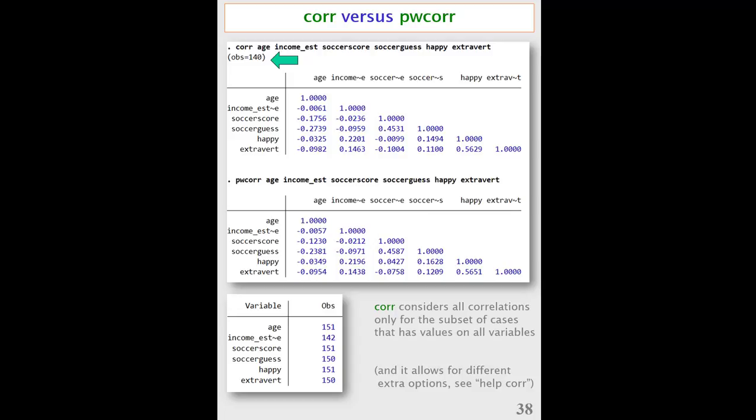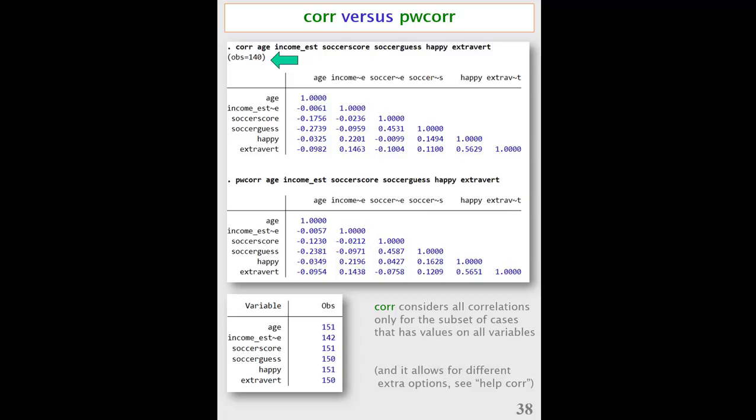And it could very well be that for all the cases in your data you have both age and income estimate, but for, let's say, these other variables over there you do have a couple of missings. In this case, the other correlation is estimated only on the ones where you also have data on all these as well, and this one is estimated simply on all the cases where you have data of these two.